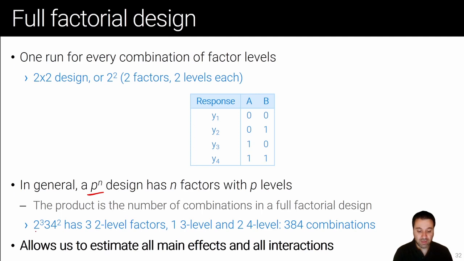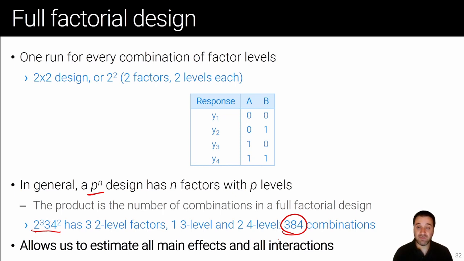So if we have a design like this, 2 to the power of 3 times 3 times 4 to the power of 2, that means there's three factors with two levels, one factor with three levels, and two factors with four levels. And in total, there are 382 observations, 382 combinations of the factors.